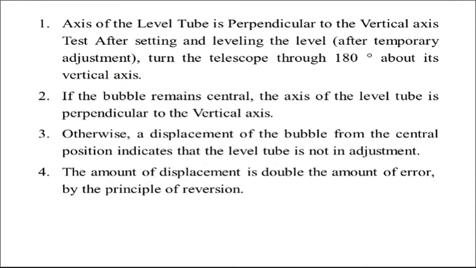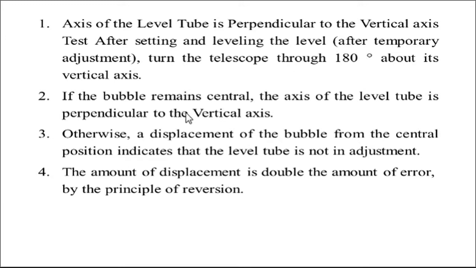The axis of the level tube is perpendicular to the vertical axis. For the test, after setting and leveling the level, we have to turn the telescope through 180 degrees about its vertical axis. If the bubble remains in the center, then we can say the relationship exists between the two axes.